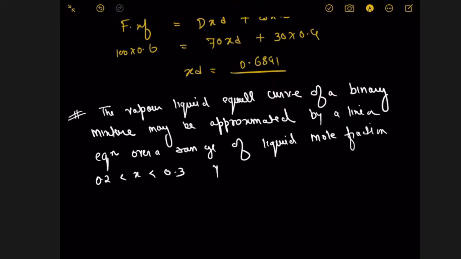And the relation is given: y star is equal to 1.325 xA plus 0.121.